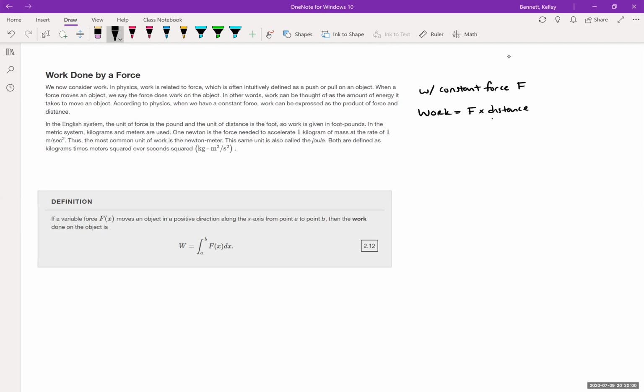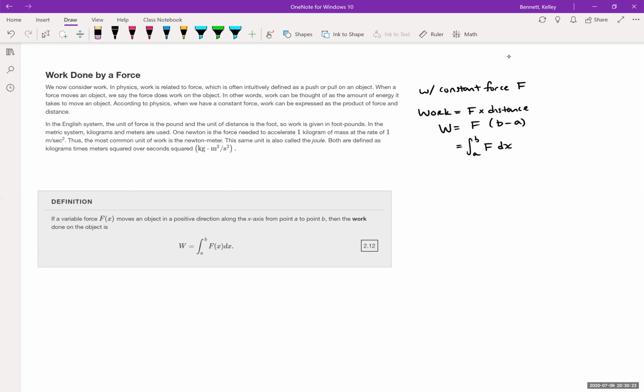We get distance from your end point minus your starting point. And this example is just in the case of constant force. So this is really the integral from a to b of F dx, where F is constant.